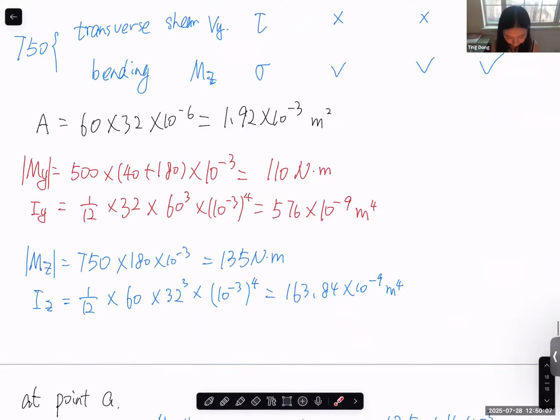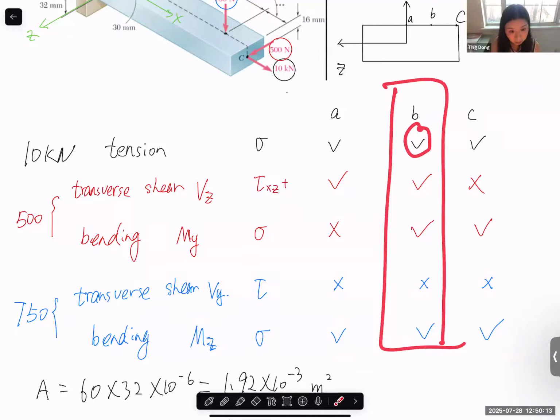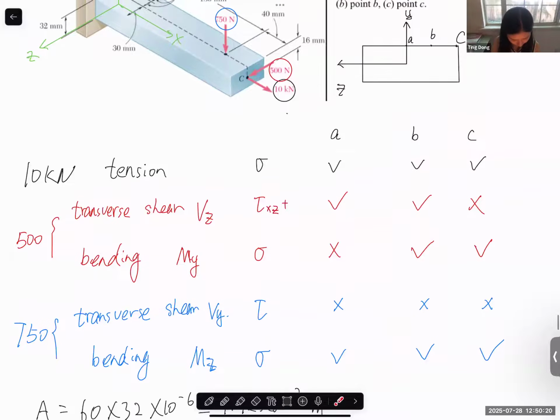Okay, let's move on to point B. For point B, we have normal stress caused by tension, and normal stress caused by bending. We have bending My and bending Mz. The bending moments themselves we cannot add, but for normal stress, we can add the normal stress caused by bending My and the normal stress caused by bending Mz.